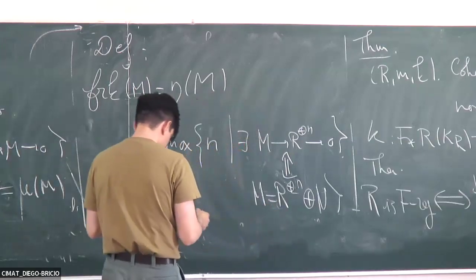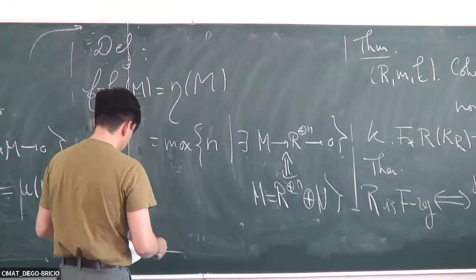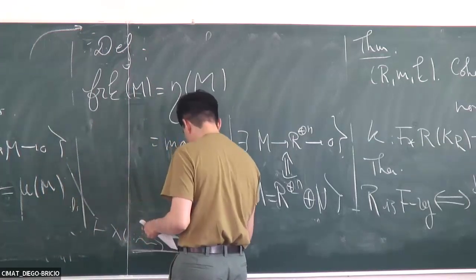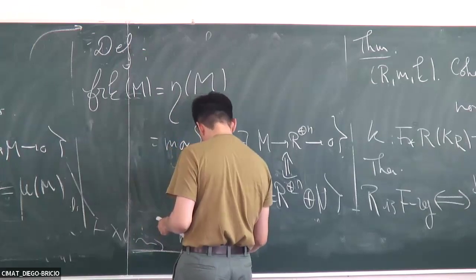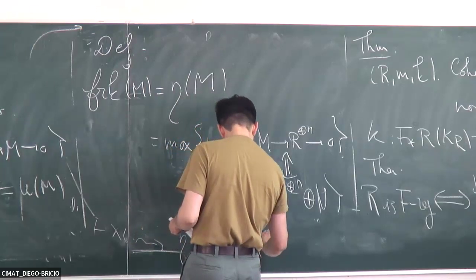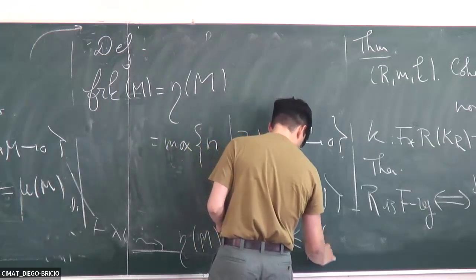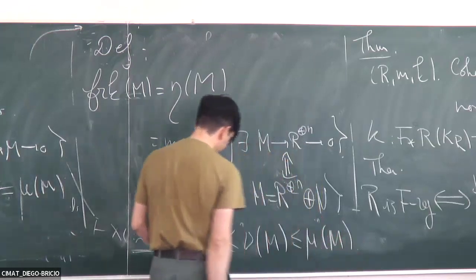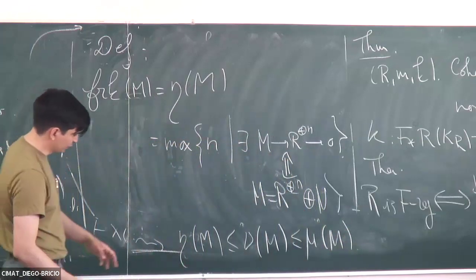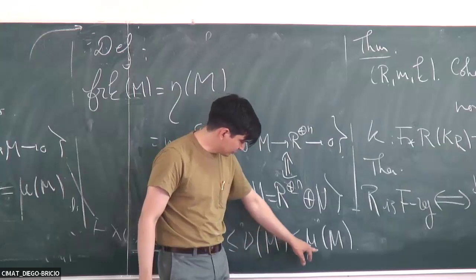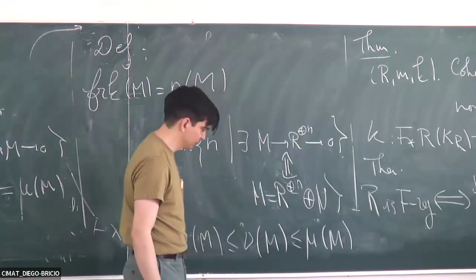And so in general, if you compare all these things, the free rank is the smallest one. The free rank is smaller than the generic rank, which is smaller than the minimum number of generators.